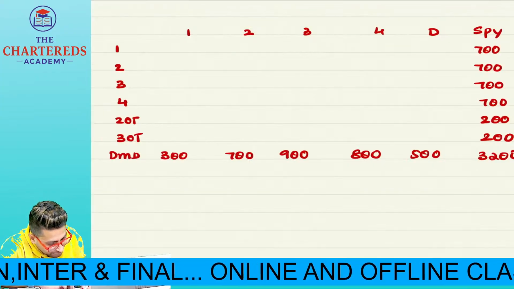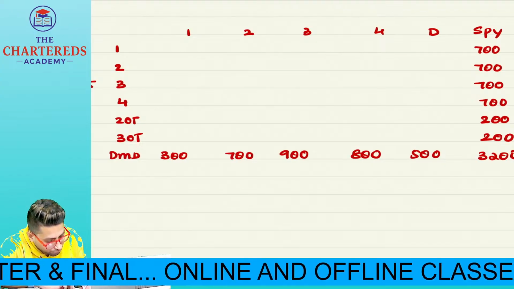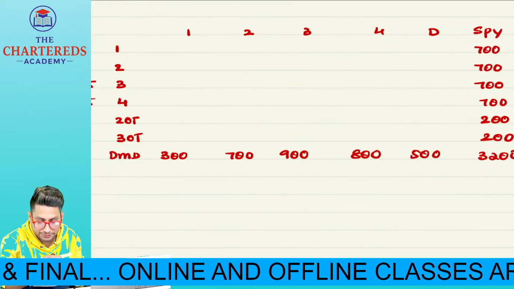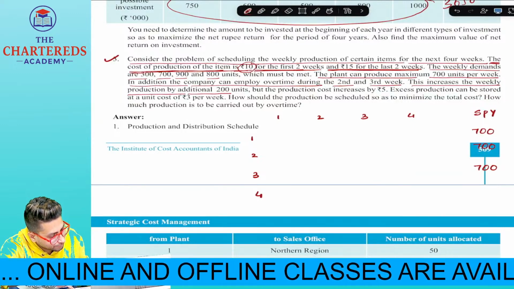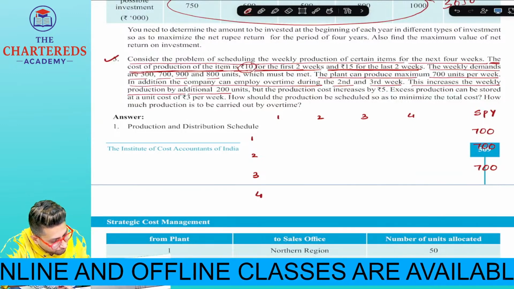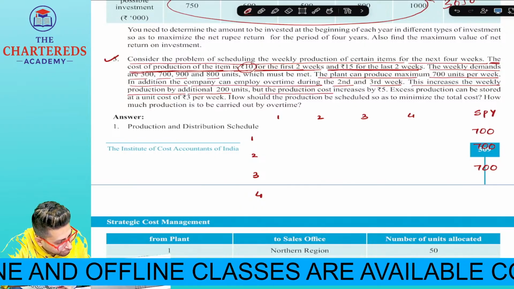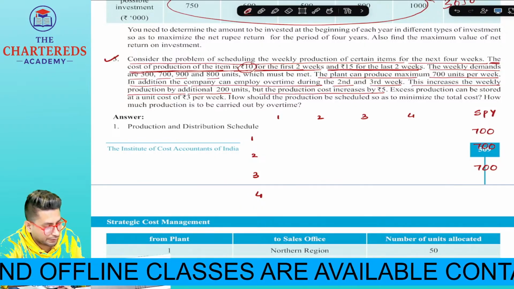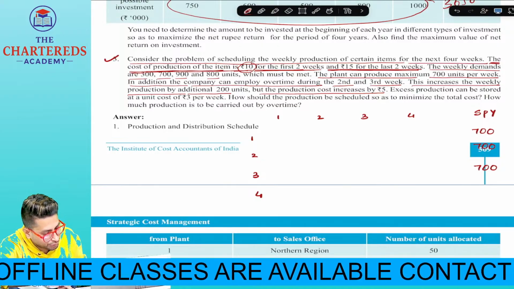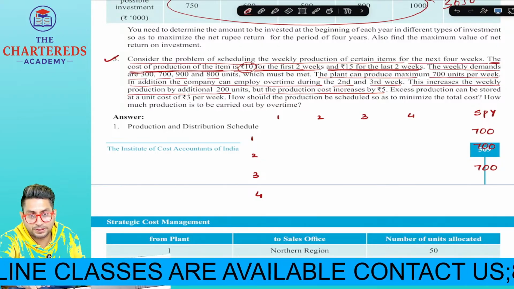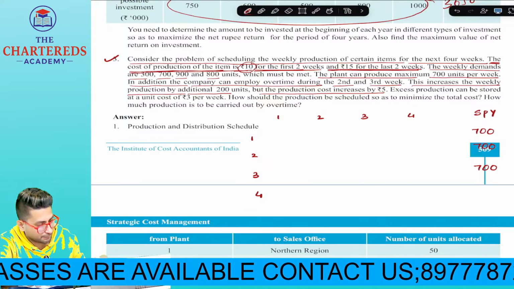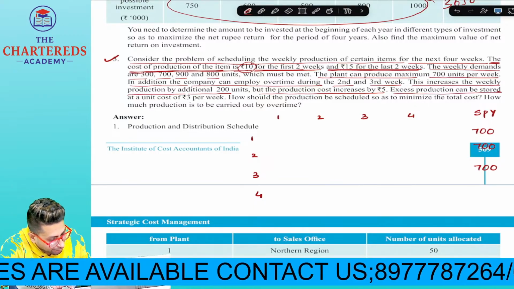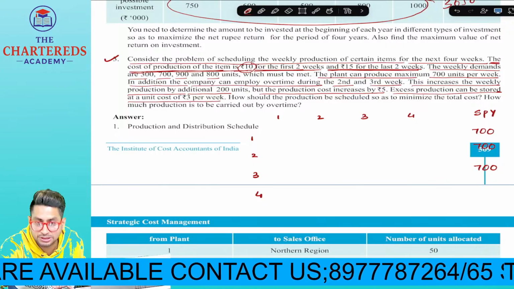So the third week and the fourth week, 15. Correct? Next, the production cost increases by how much? 5. Normally the production cost is 10 rupees, but in overtime it will become 15 rupees. Excess production can be stored at a unit cost of how much?